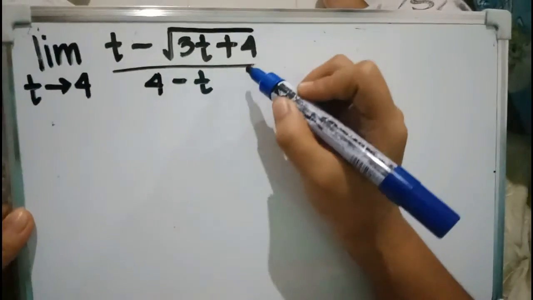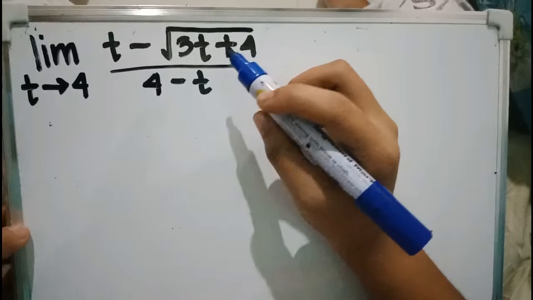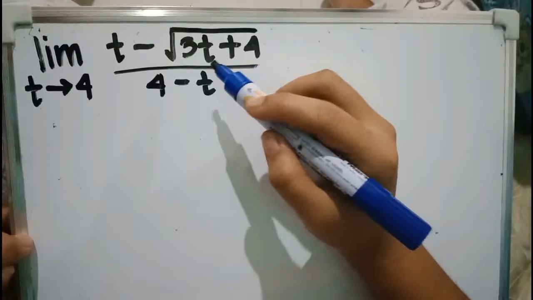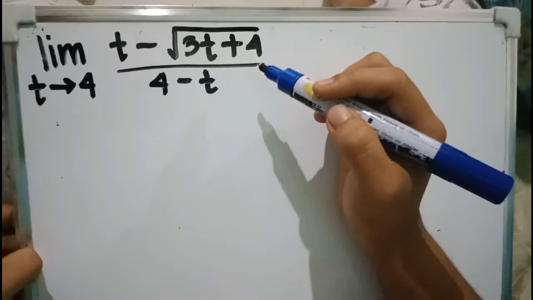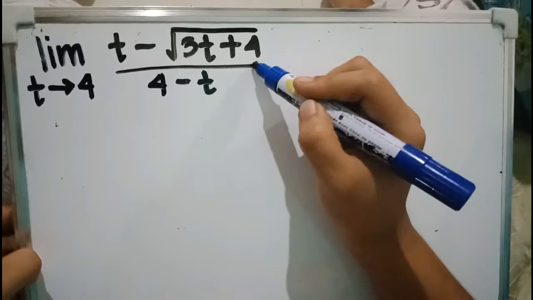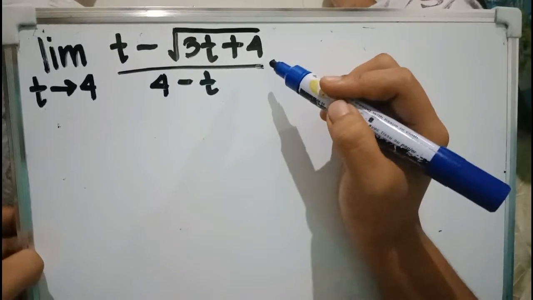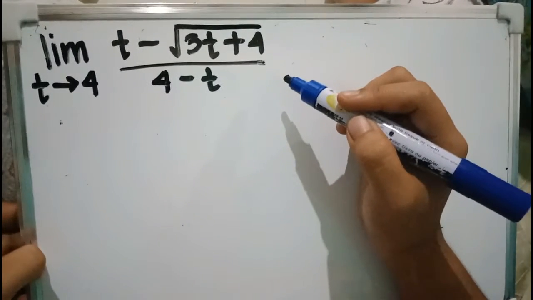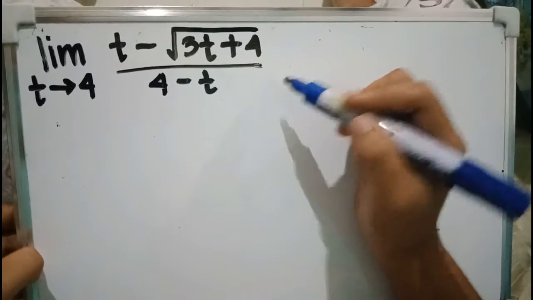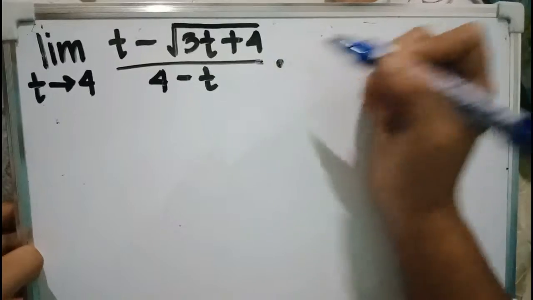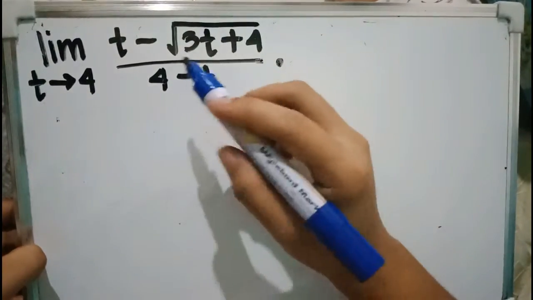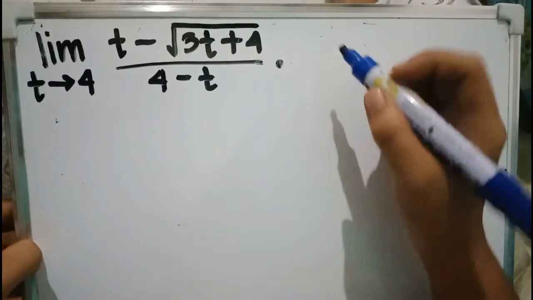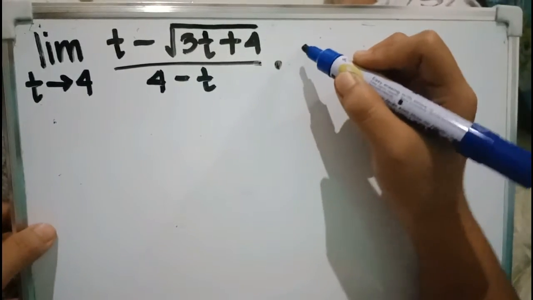So as you can see, when you see a square root in the numerator or the denominator, remember that we need to use the technique of rationalizing the function. And because we're rationalizing, we need to change the sign of the second term.